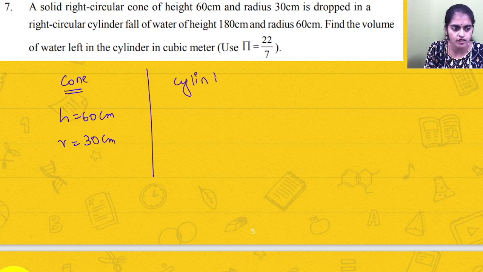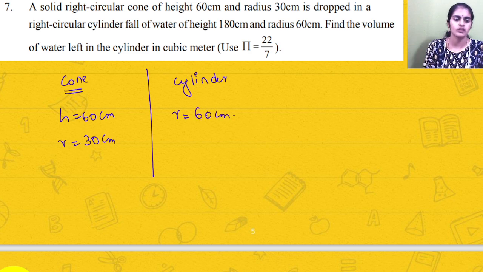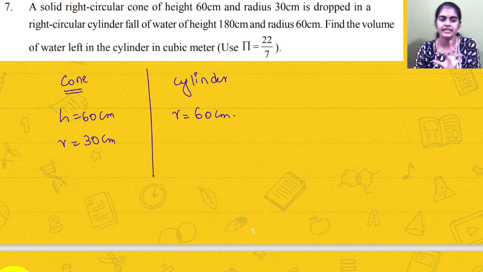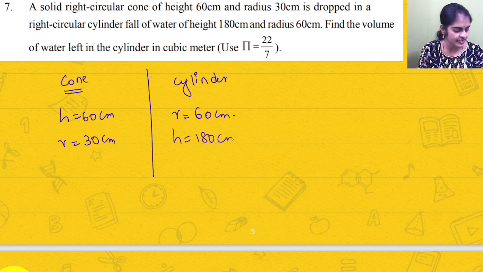So this cone is dropped in a right circular cylinder of water of height 180 centimeter and radius is 60 centimeter. So let me read the question again for you. A solid right circular cone, height and radius given, is dropped in a right circular cylinder of water of height 180 centimeter. Okay, so height is 180 centimeter.